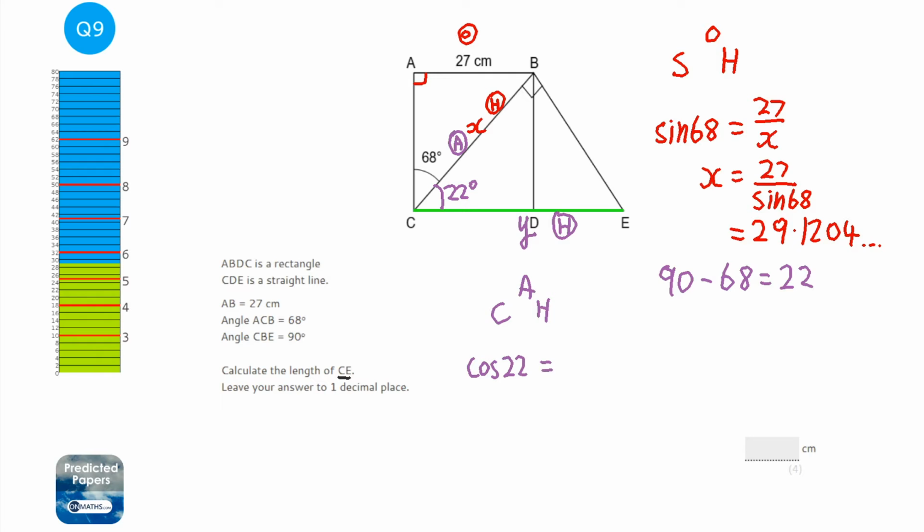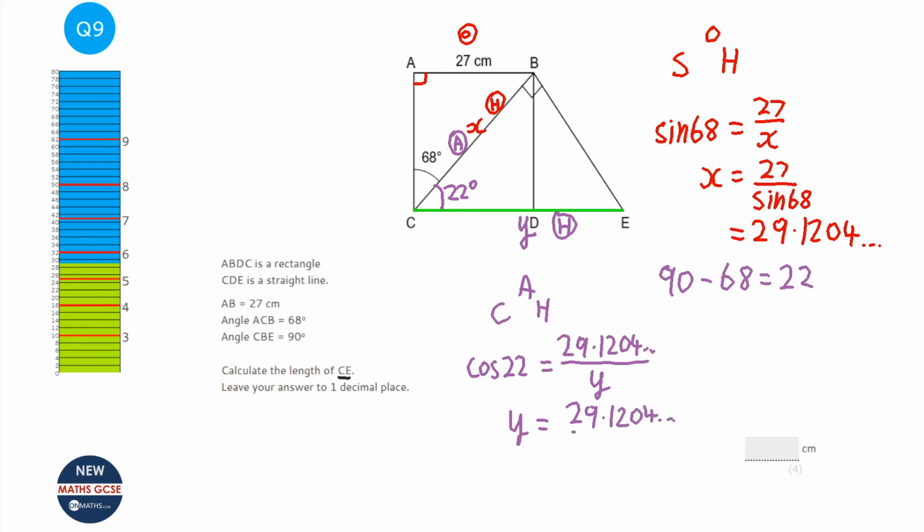equals my 29.1204 and so on over y. So again, I'm going to times both sides by y and divide both sides by cos 22. So y equals 29.1204 and so on over cos 22.